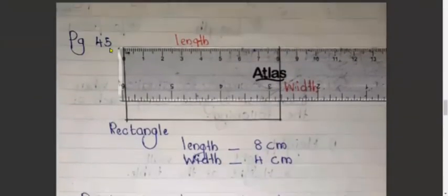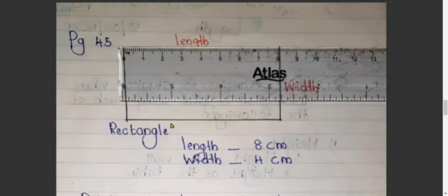Now can you see I have drawn a diagram. It's a rectangle. Now I am going to measure the length of this rectangle. Can you see I have kept a ruler on this, the length side? Right? Starting from 1, 2, 3, 4, 5, 6, 7, 8.